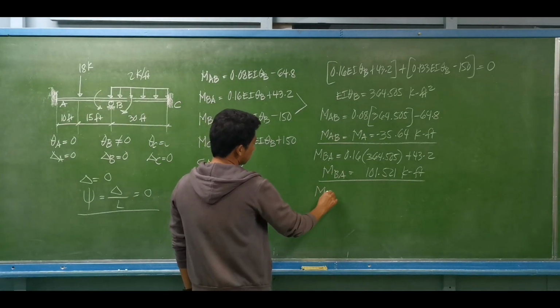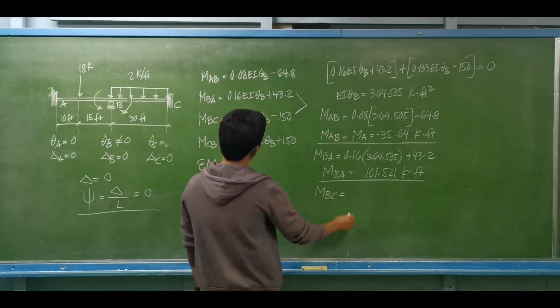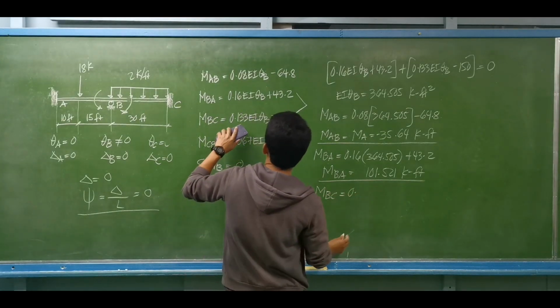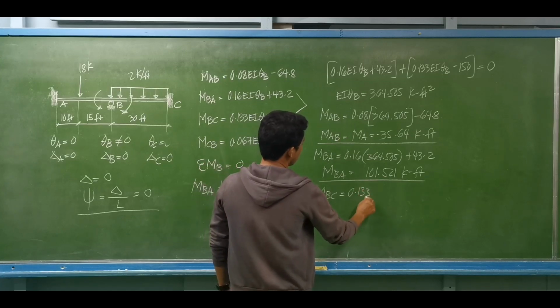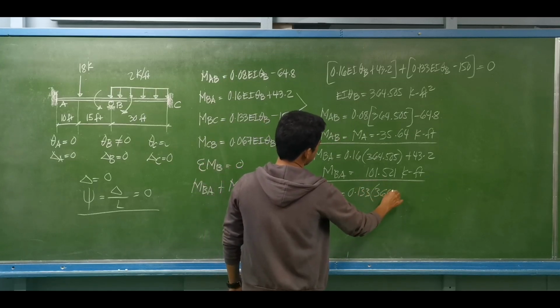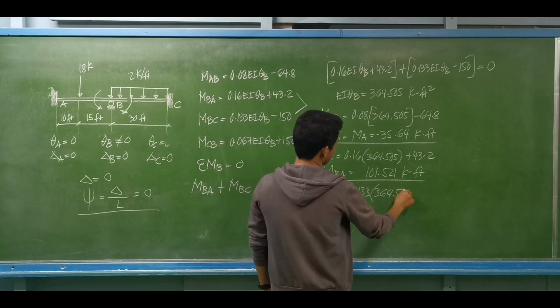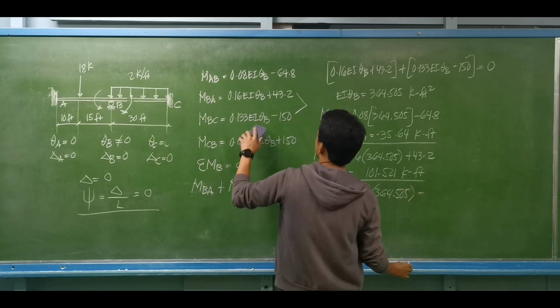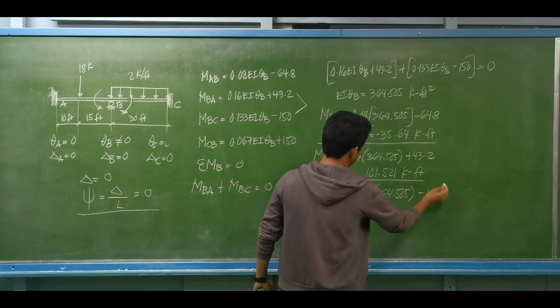The next, we have the moment for span BC. The moment for span BC is equal to 0.133 of EI theta sub B, 364.505, minus 150.